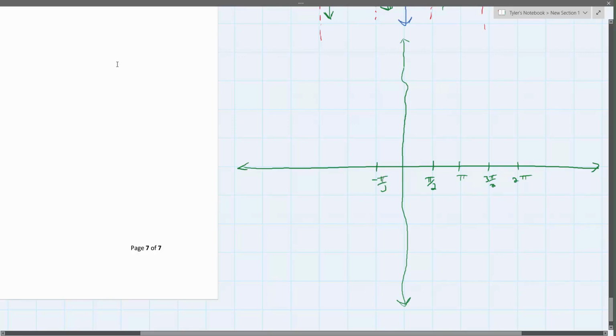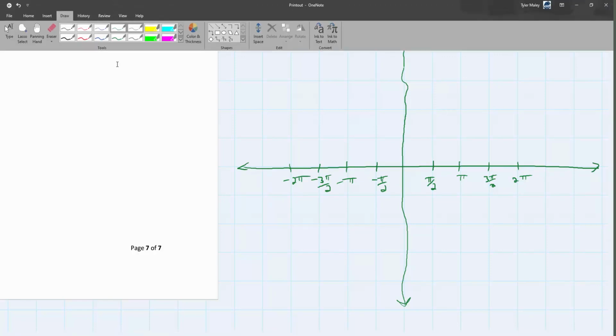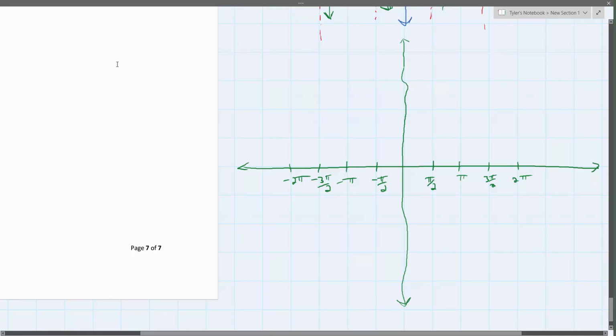All right, negative pi over 2, negative pi, negative 3 pi over 2, negative 2 pi. Right, we can graph more if we need to. But what I know right now is my vertical asymptotes are going to be here at negative pi over 2 and at pi over 2.